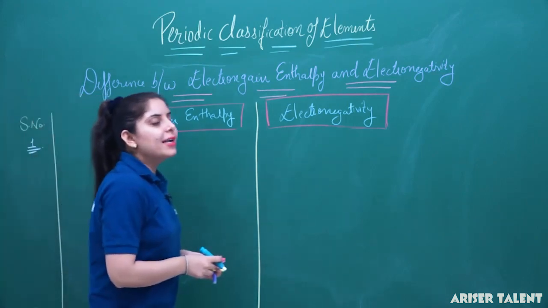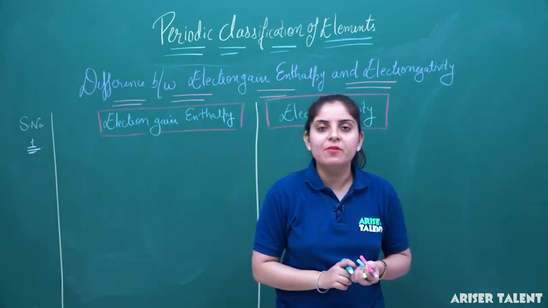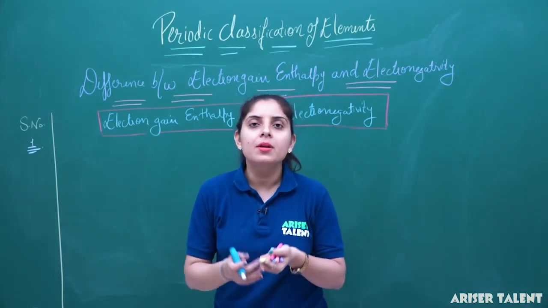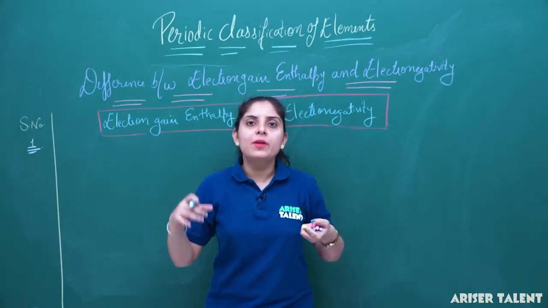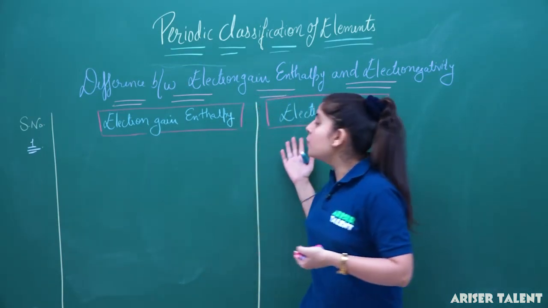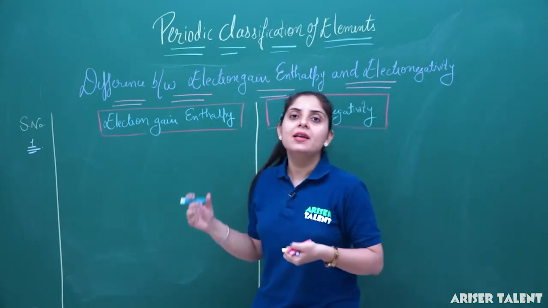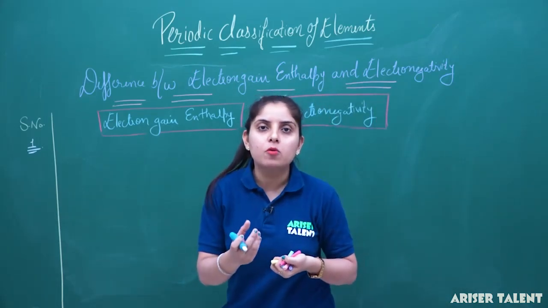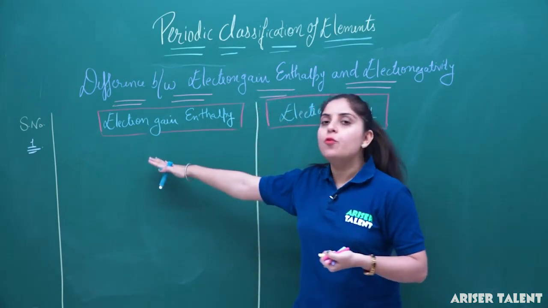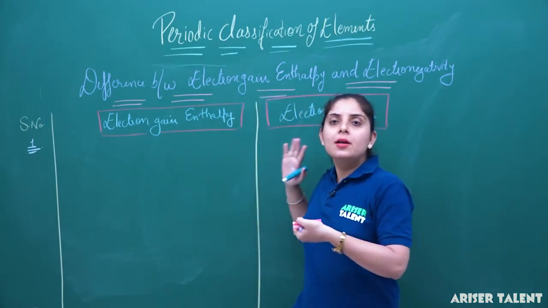Now, what is electron gain enthalpy? We have discussed previously. Electron gain enthalpy is the ability of an atom in which there is an addition of an electron, but the addition is in an isolated atom. But in case of electronegativity, it happens only in compounds. It means a bond must be present in the compound. So it is for the isolated one and it is for the combined state.